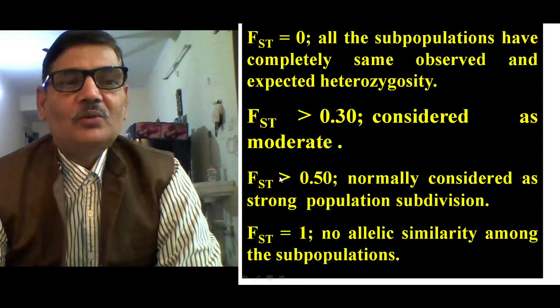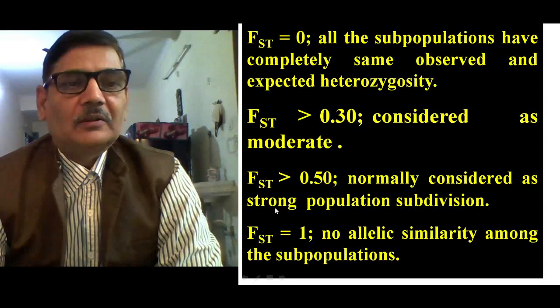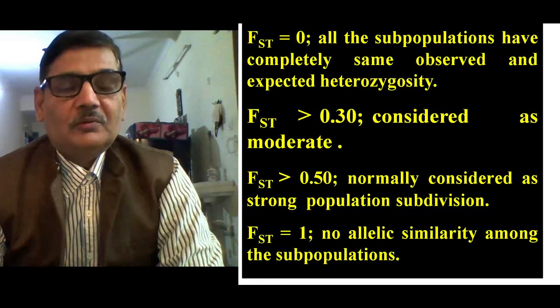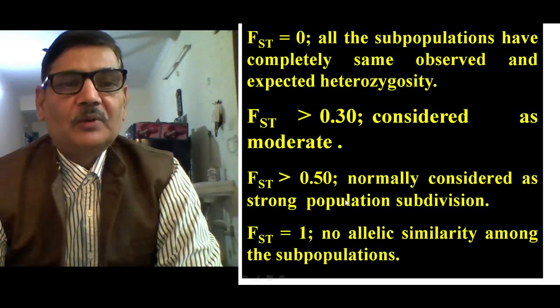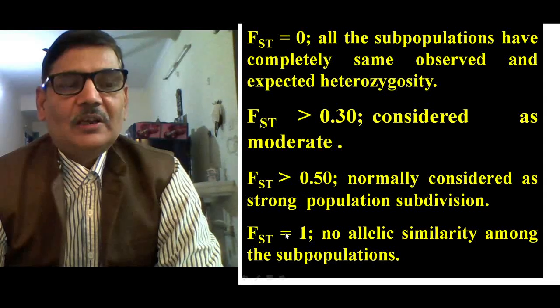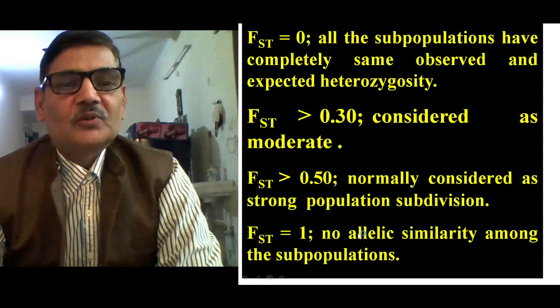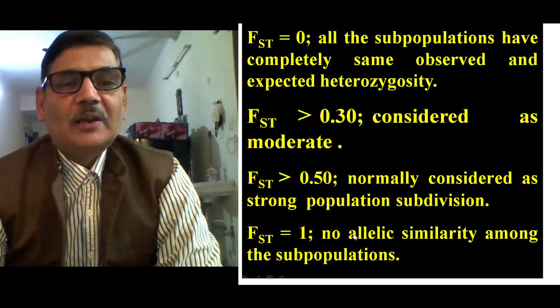And if this value is more than 0.50, then it shows a strong differentiation among the populations, normally considered as strong population subdivision. And if FST is equal to 1, it means there is no allelic similarity among the subpopulations. The total difference is there between or among the alleles.